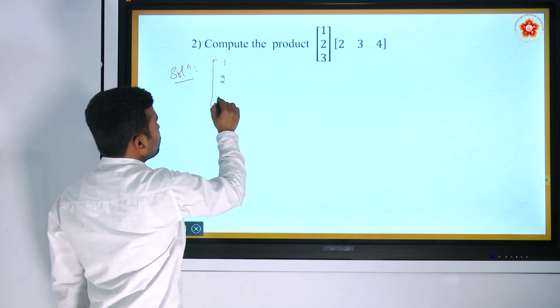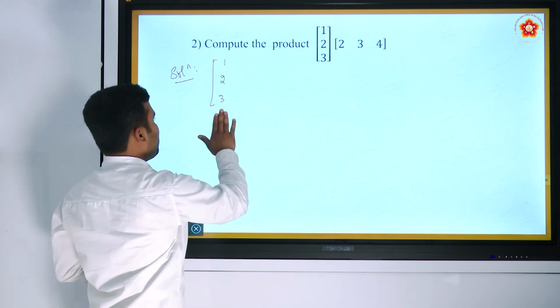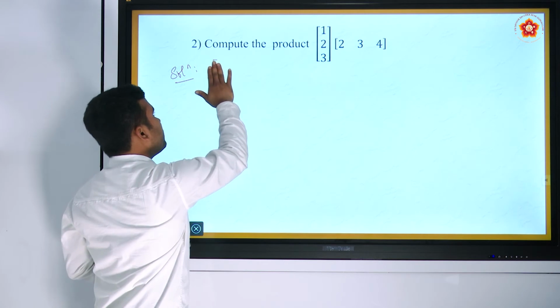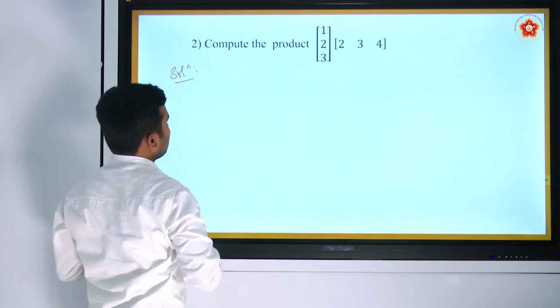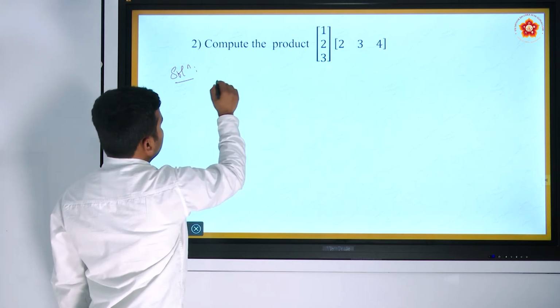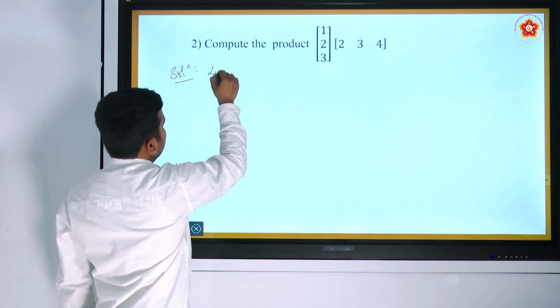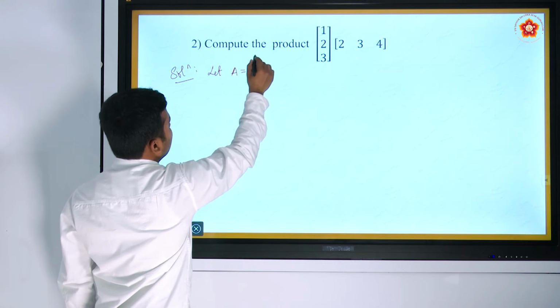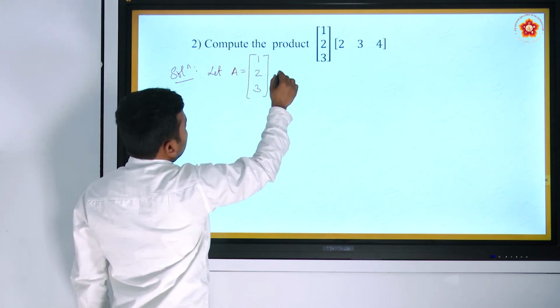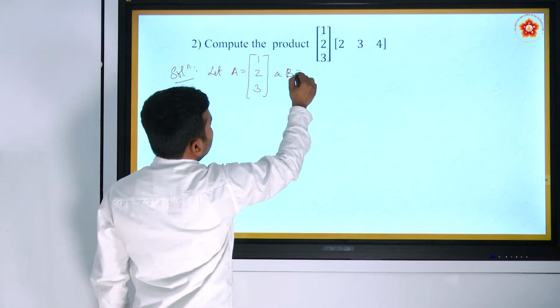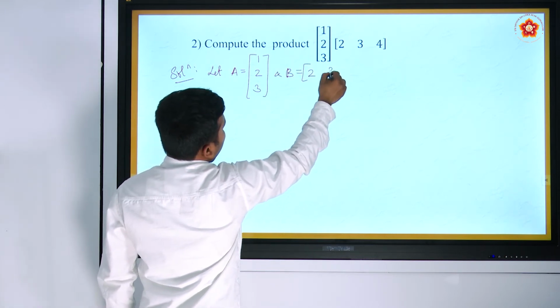Let us take the given matrix A as 1 2 3 and matrix B as 2 3 4.